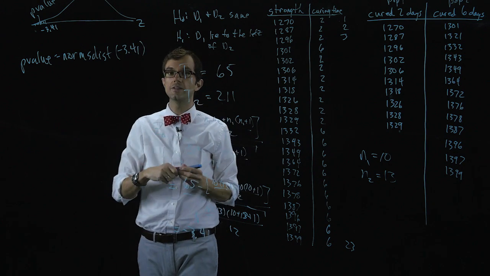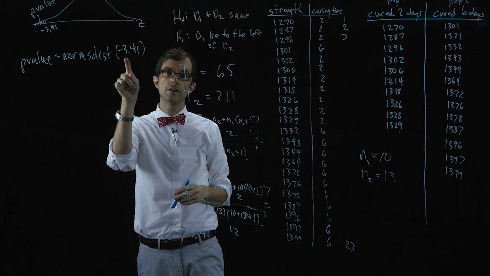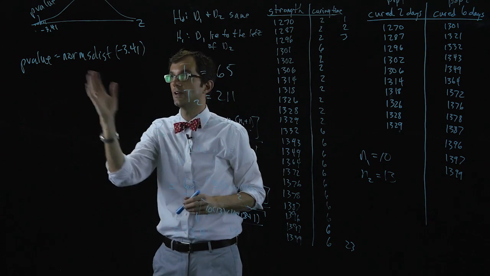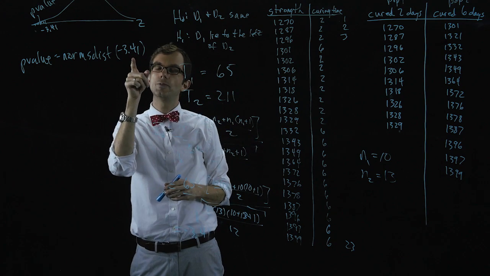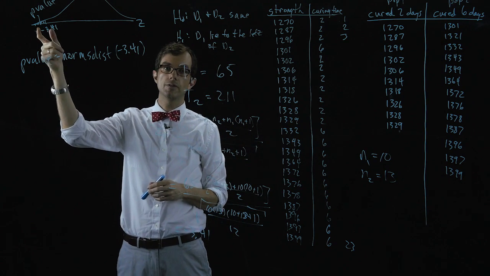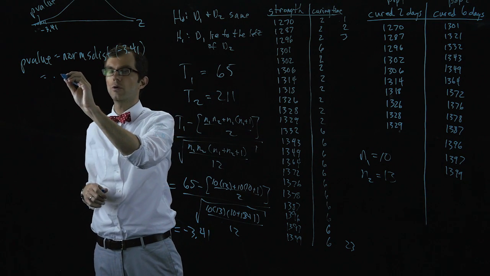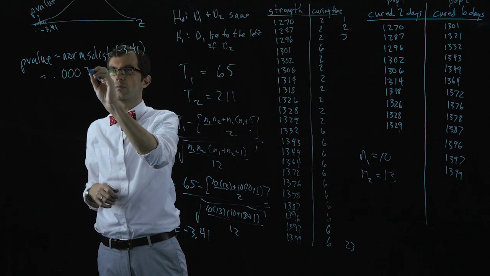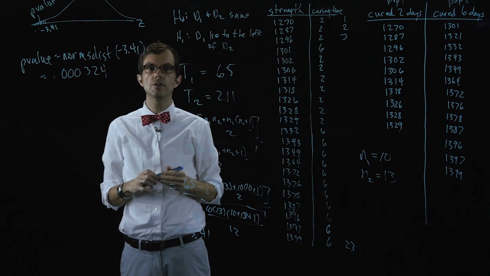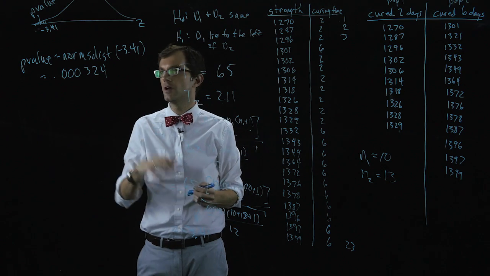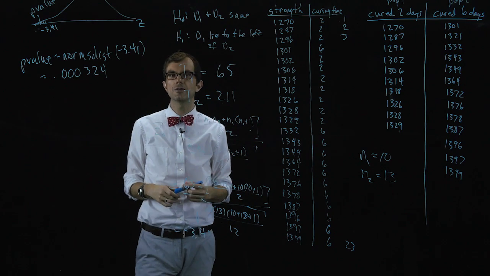For the NORM.S.DIST function, we can input a negative value here on the axis, and it works just fine. It gives us the cumulative probability up to that value, which is exactly what we want. And if we use Excel to work it out for us, we get 0.000324. Very small p-value. Much smaller than any alpha you would ever choose.